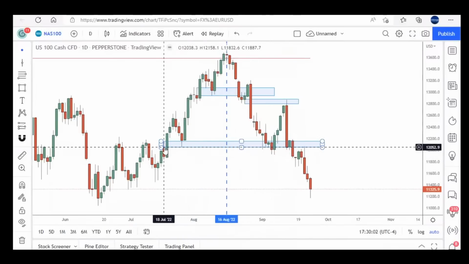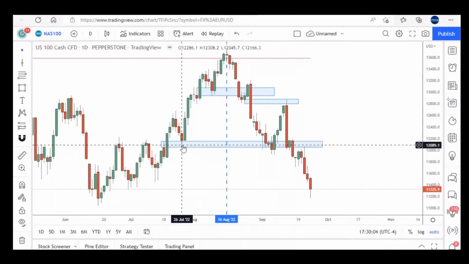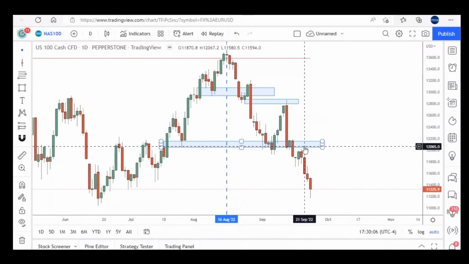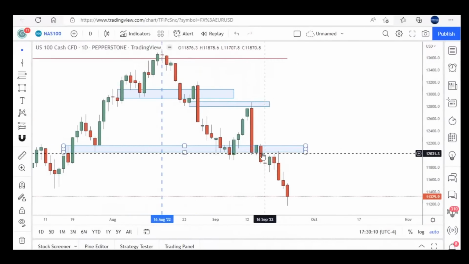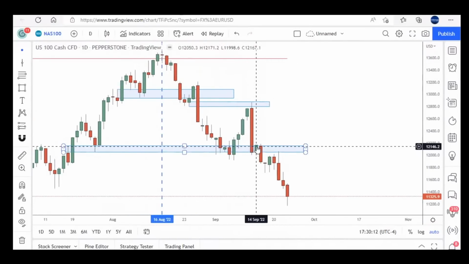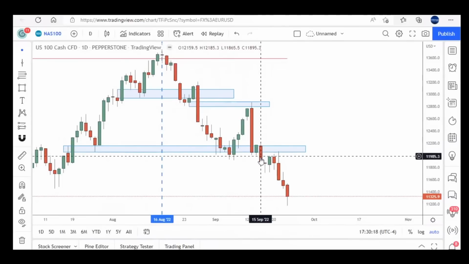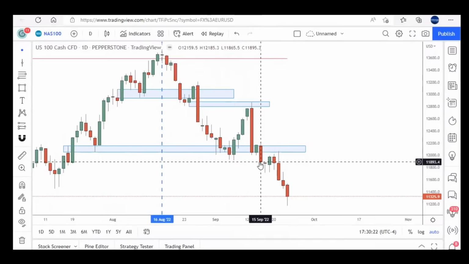Again, left side of the curve, buy side order block right here. Extend it out in time to the sell side of the curve. What do you see? Bearish order block, which is this bullish candle right here. Right after the bullish candle, we have the move lower. When they close below the green candle, it is now a bearish order block.